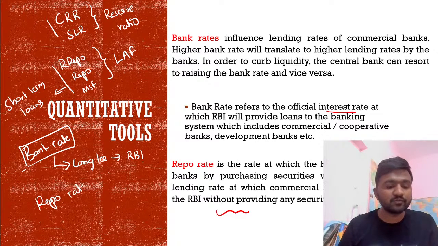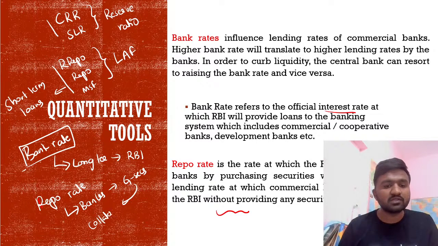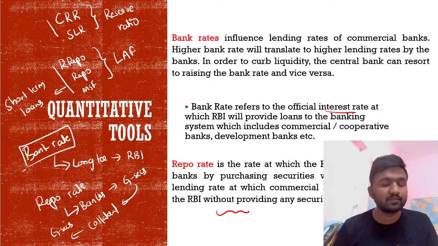Sir, what is the difference between bank rate and repo rate? In repo rate, the banks are keeping government securities as collateral with RBI. Because if RBI is giving a loan, then what is the surety that banks will give it back? So RBI should keep something as security with them. What will they keep as security? They will keep government securities with RBI.